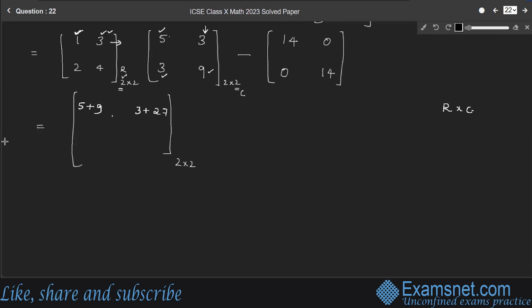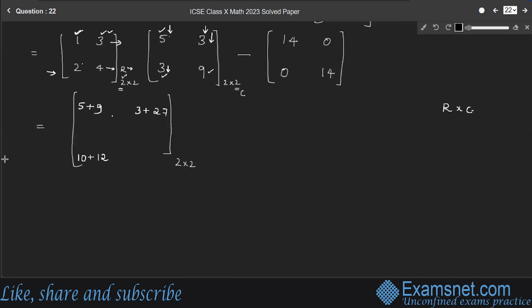Right? Now consider the second row. The first element is 2 and the first element of column 1 is 5. So 2 into 5 is 10, plus the second element of row 2, which is 4, into the second element of column 1. 4 into 3 is 12. Now consider the last element. Here consider again row 2, 2 into the first element of column 2.